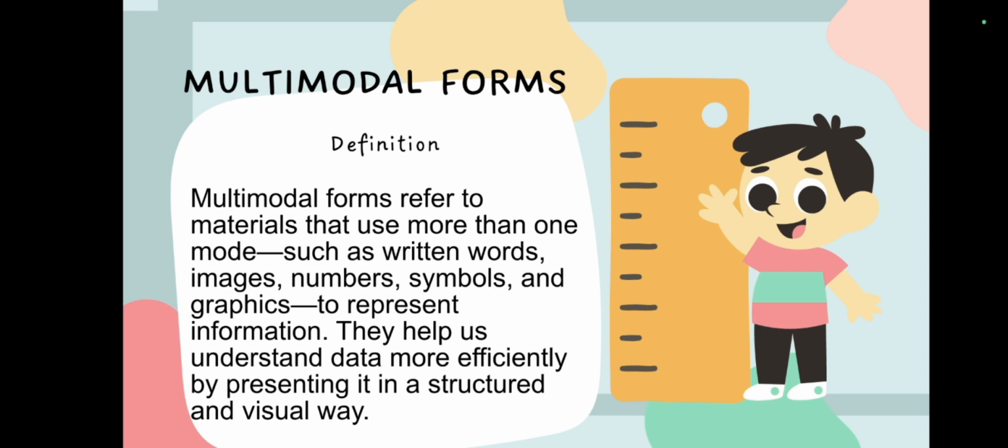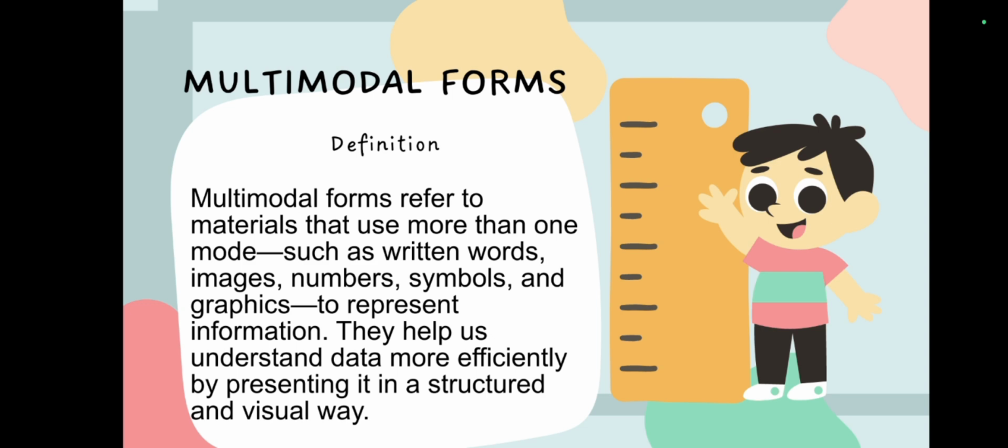Next, here is the definition of multimodal forms. When we say multimodal forms, it refers to materials that use more than one mode, such as written words, images, numbers, symbols, and graphics to represent information.